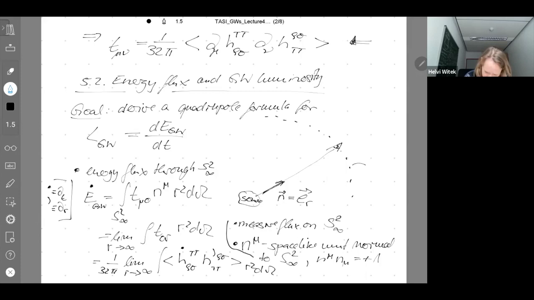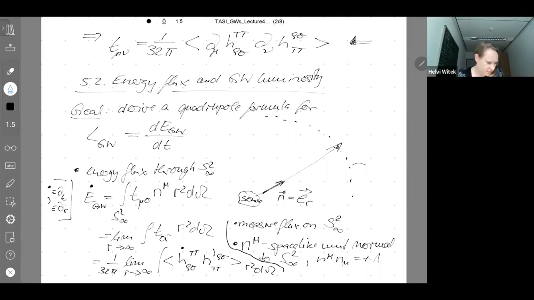Okay, so this is the general expression for our energy, and now we can apply the quadrupole formula that we have seen yesterday to derive explicitly what the energy flux is in terms of this quadrupole formula.